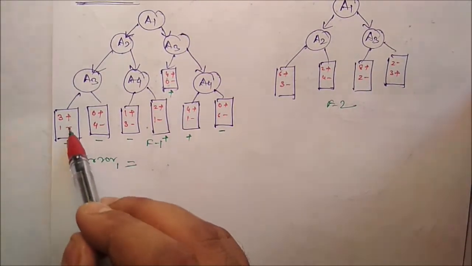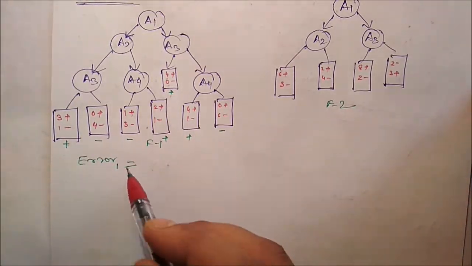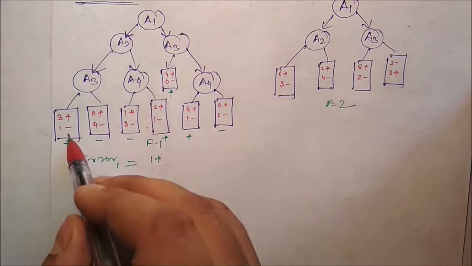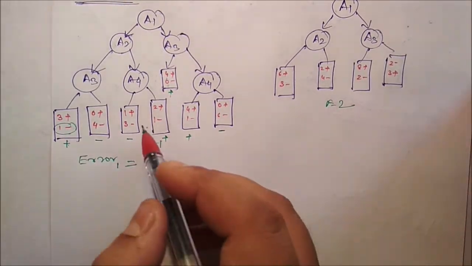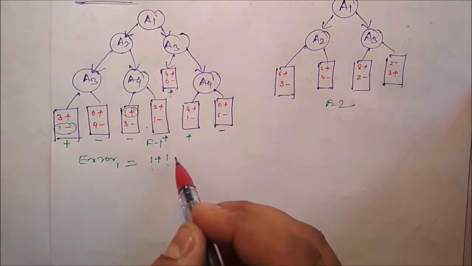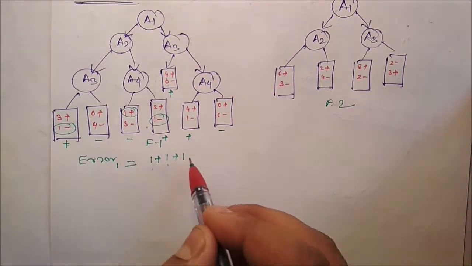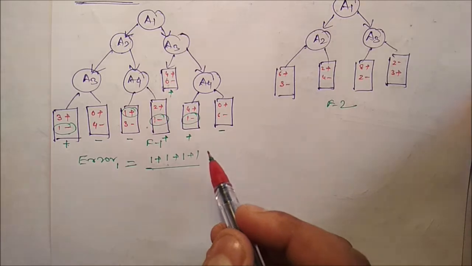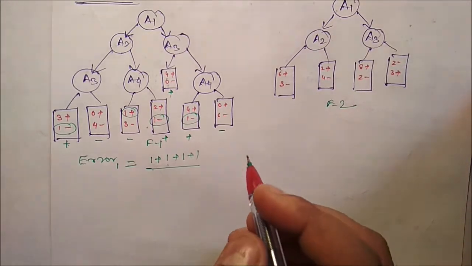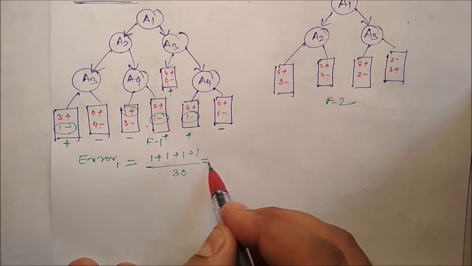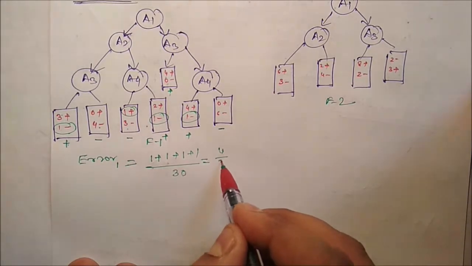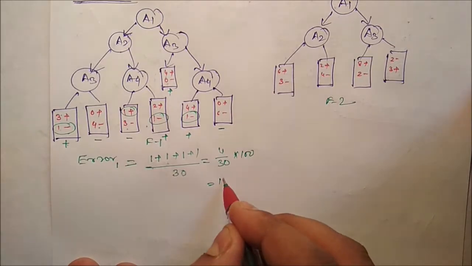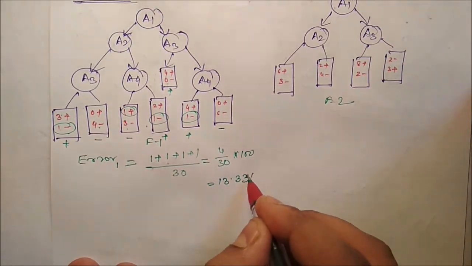This is the plus label, but a minus appeared, so the error is 1. This is one error, this is another error, and another. So 4 errors are there, and a total of 30 data. The error is 4 by 30 into 100, which is 13.33% error.